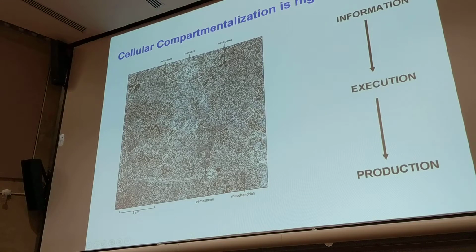So as you can see here in this electron micrograph, the organelles are very highly active, highly condensed. There's a lot of density of organelles, vesicles of different types, ribosomes, etc. The nucleus is highly compact.